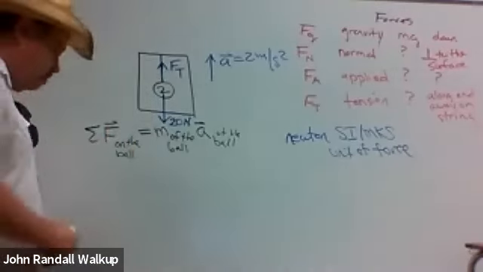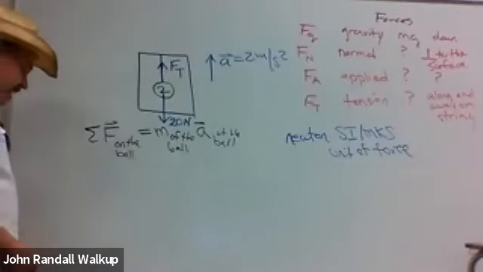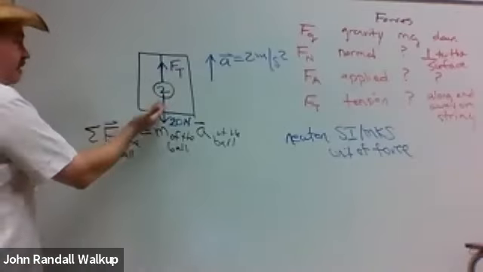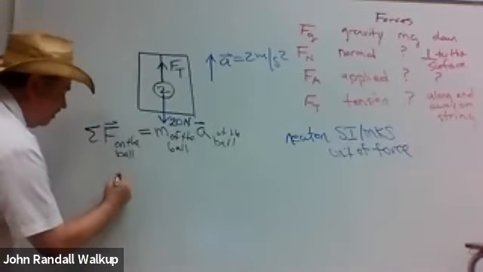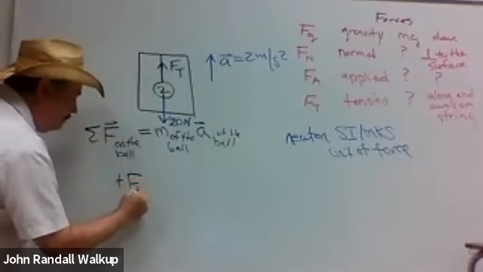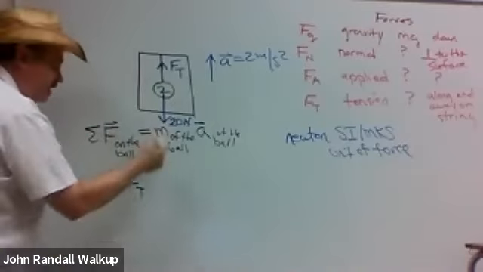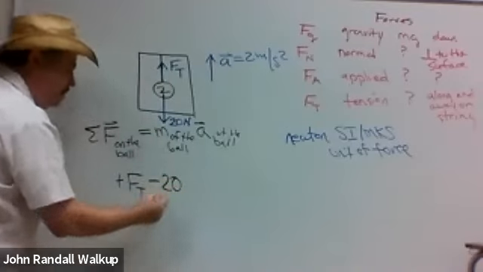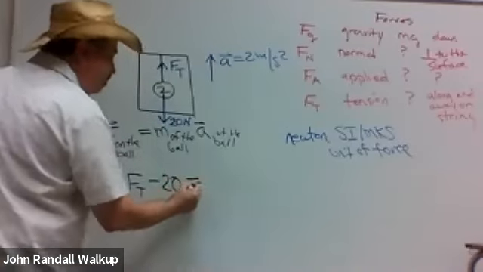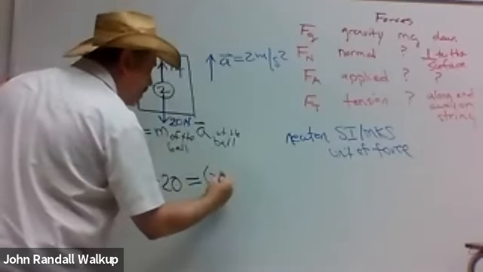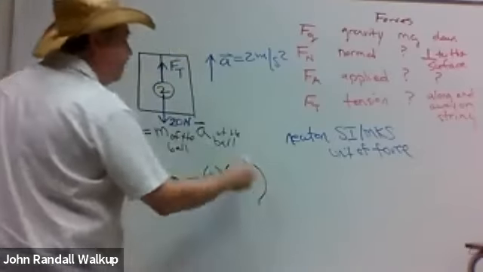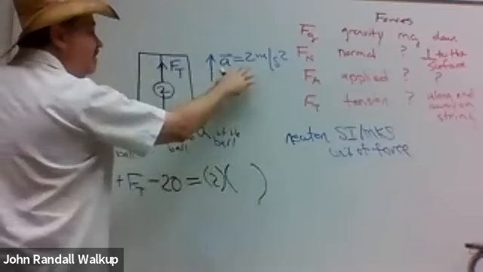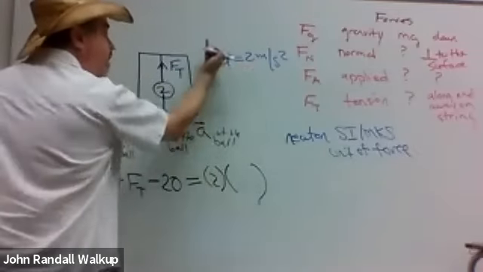So let's find out. Again, we have force up is positive. F of T minus 20 is equal to the mass, which is 2, times the acceleration, which is not 0 anymore. I'm saying it's 2 and it points up, positive.